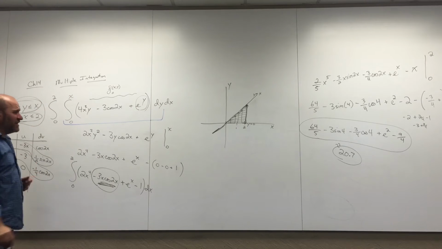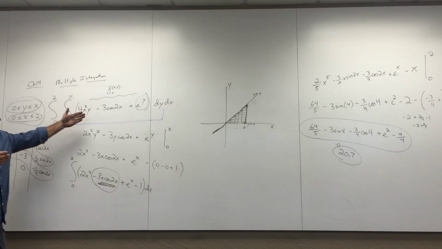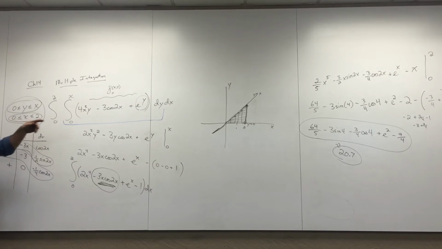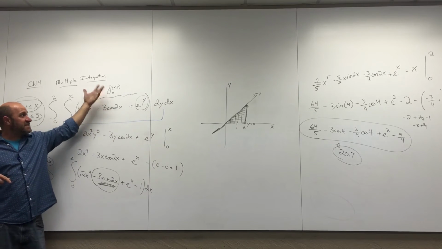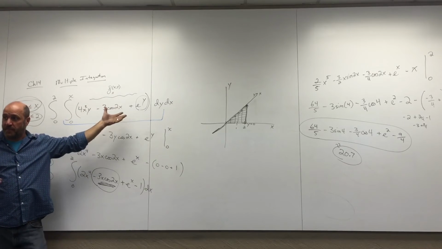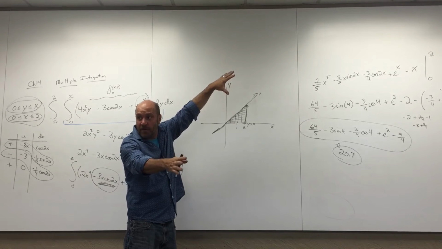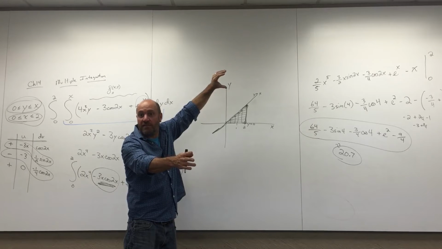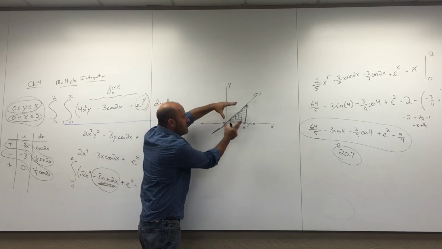What's this triangular region? That's what I'm integrating. Listen, I'm integrating this surface over this region. See, this is z equals, right, you guys? So there's some surface living up here above this, and I'm integrating that surface, but I'm only integrating the portion of that surface that lives over this region.